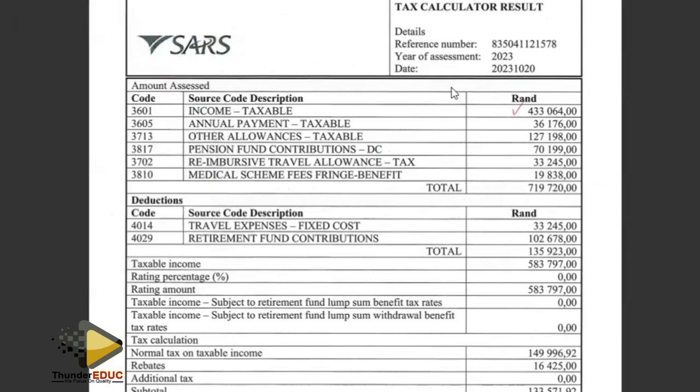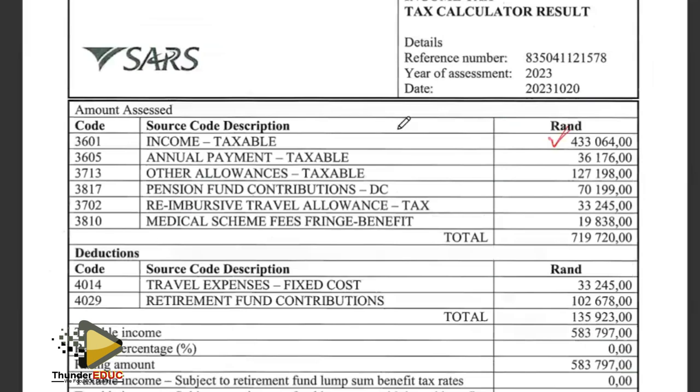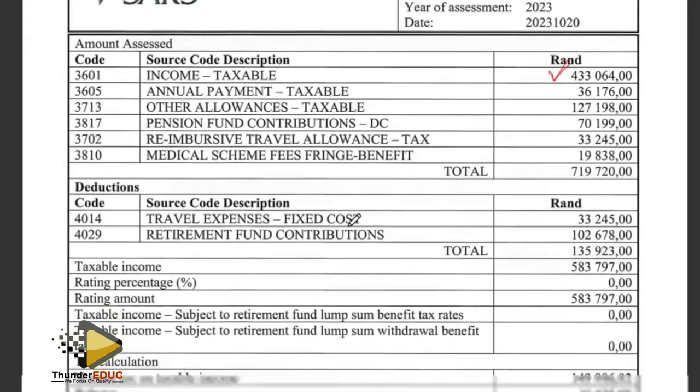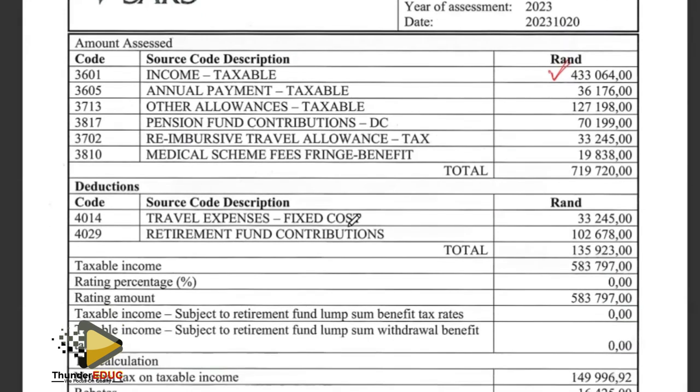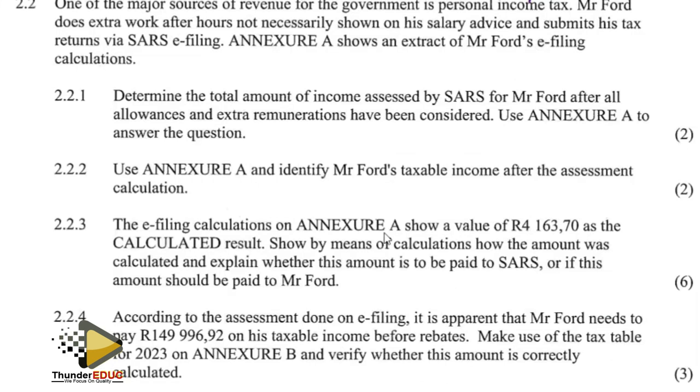This will be the income that we are looking at. Income will be 433,000 and 64 rands.